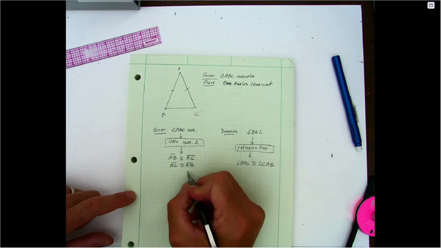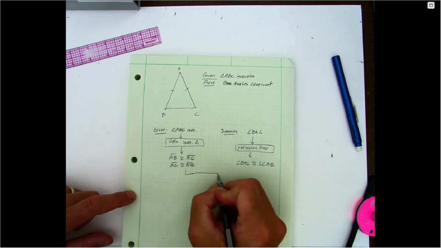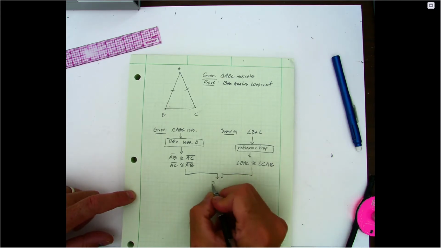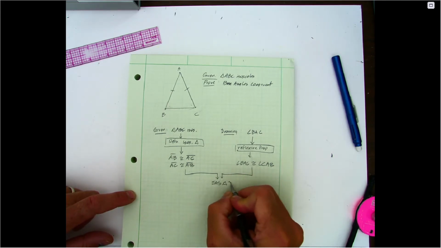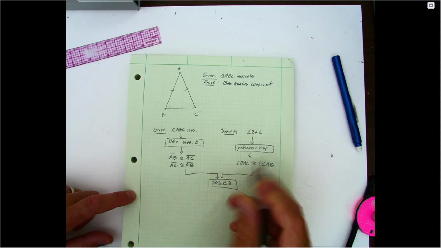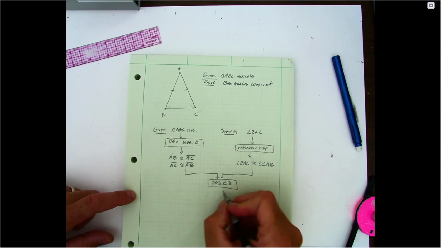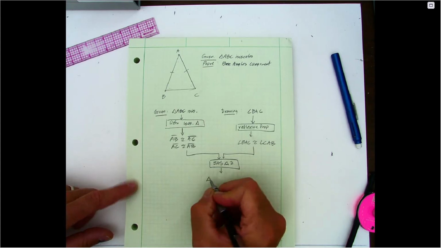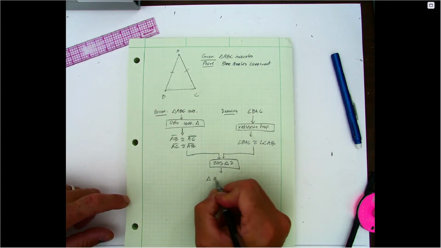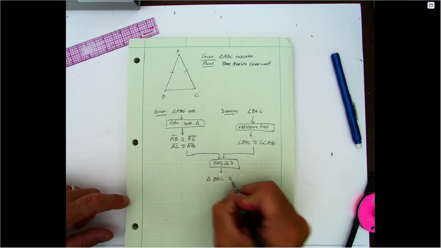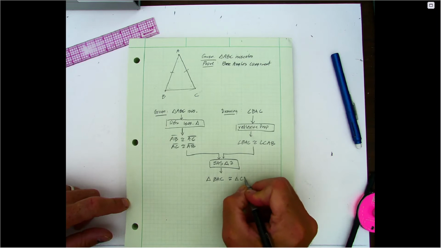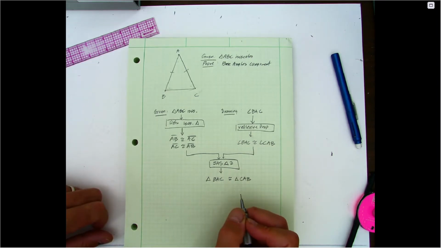So we can use each of these and apply side angle side triangle congruence to get out that triangle BAC is congruent to triangle CAB. So those two triangles are congruent by side angle side.